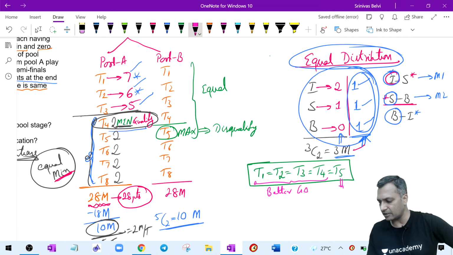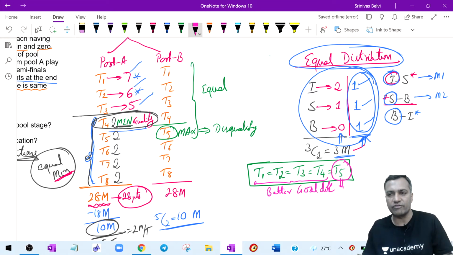Therefore, team 5 got disqualified, because only top 4 teams can qualify, which implies what? Team 5 has to get disqualified. Why? For a simple reason that the first top 4 teams had the better goal difference, or they won the toss, whichever is the criteria. They were lucky enough to win that particular toss.